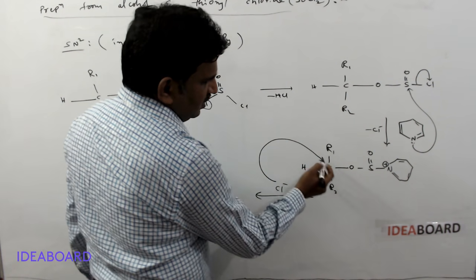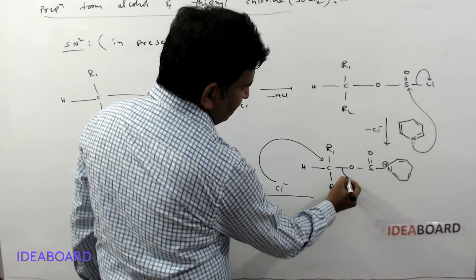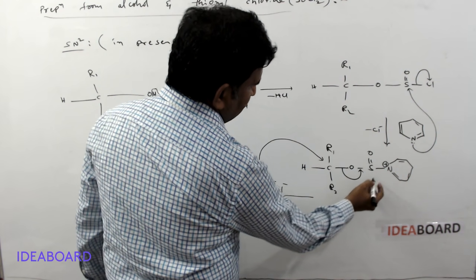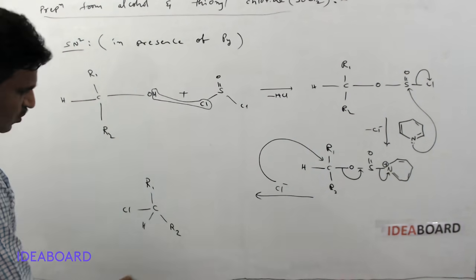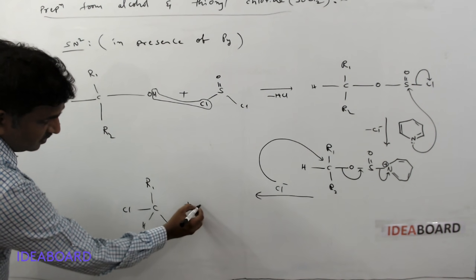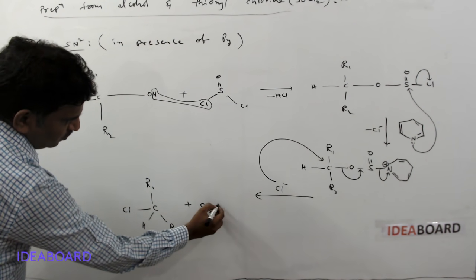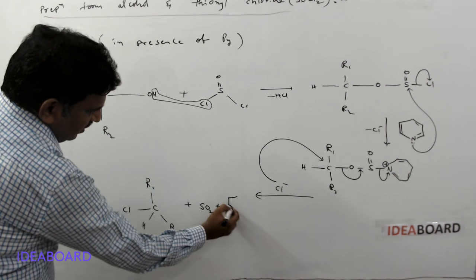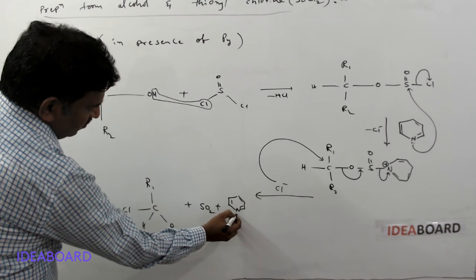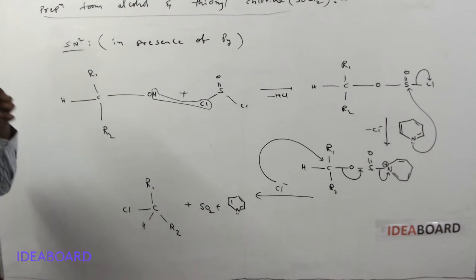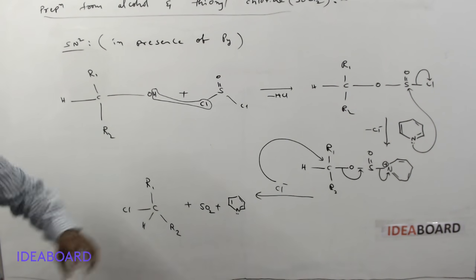Because of this attack, immediately this pair of electrons shifts onto this, then this pair shifts onto the nitrogen. The remaining products are SO2 plus pyridine. The pyridine molecule, with its pi bonds and lone pair, is formed again.